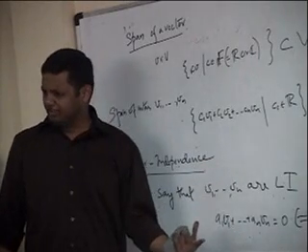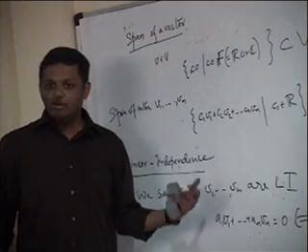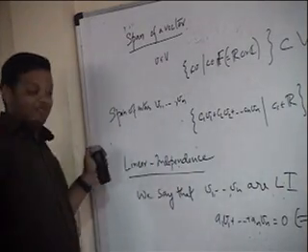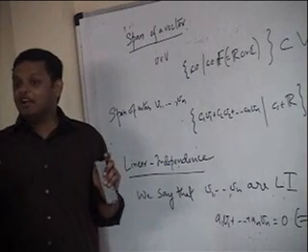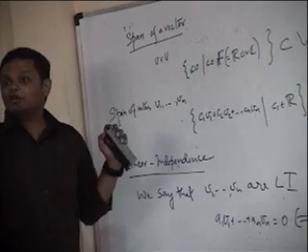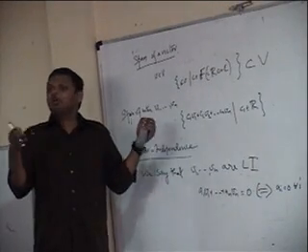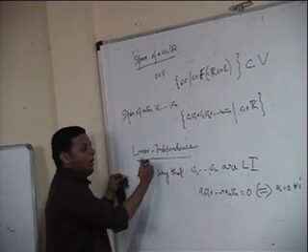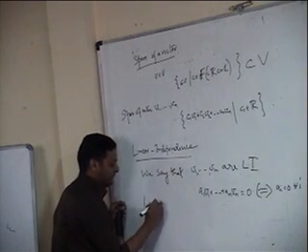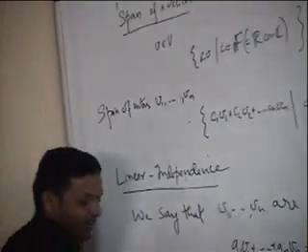Why such a definition? Actually, such a definition is easier to understand if we go to linear dependence. There it's easier to understand why a set of vectors which do not satisfy that condition is called linearly dependent. So what is the opposite of this? The opposite of this is linear dependence. What is linearly dependent?